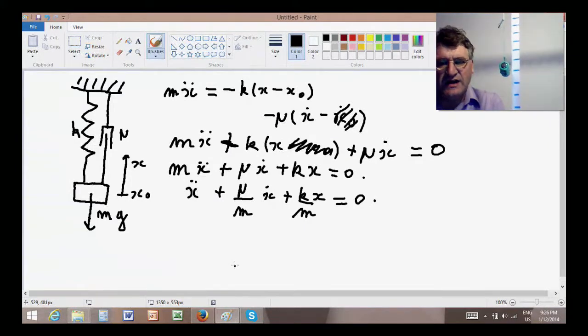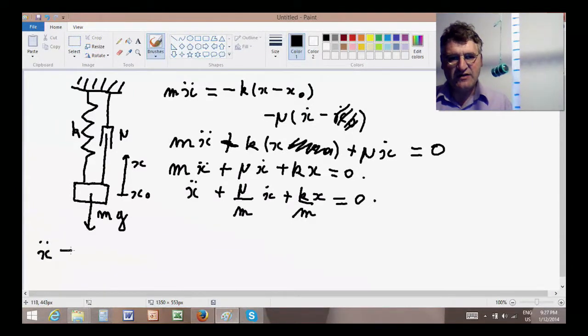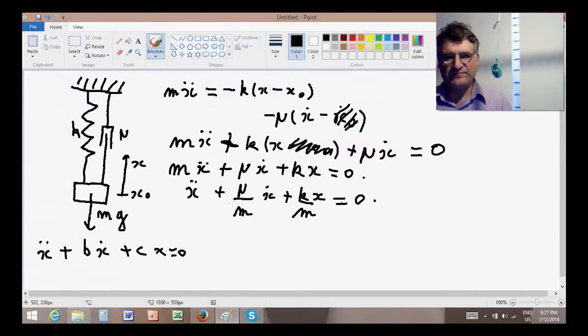Now, if we are to solve this differential equation, we are interested in knowing the motion that this thing undergoes. For that purpose, we need to solve this differential equation, which is of the general kind x double dot plus b x dot plus c x is equal to 0.